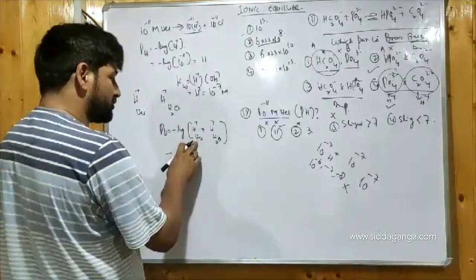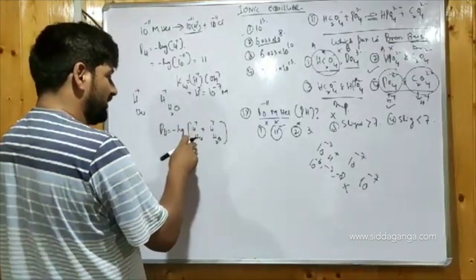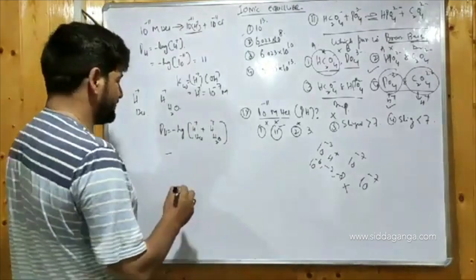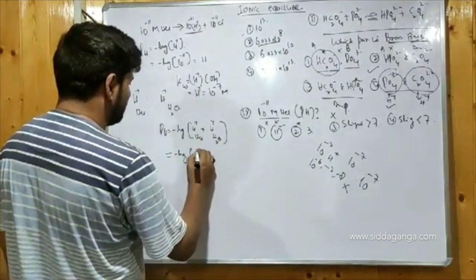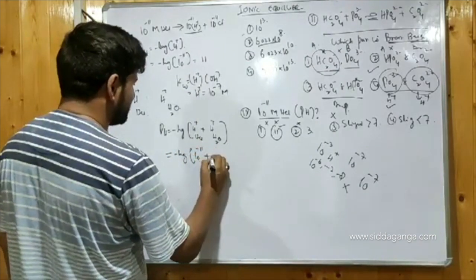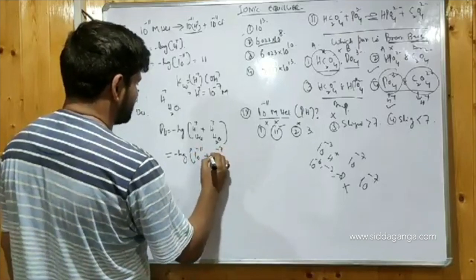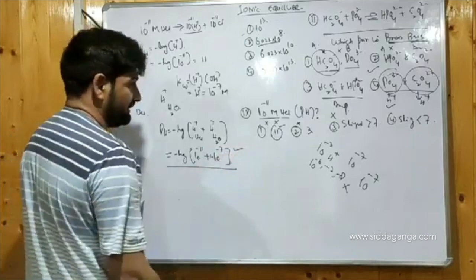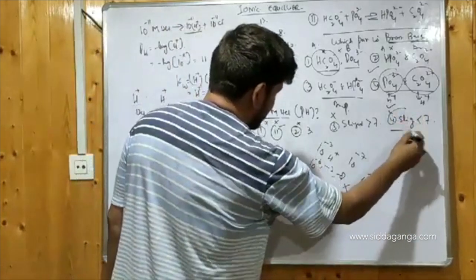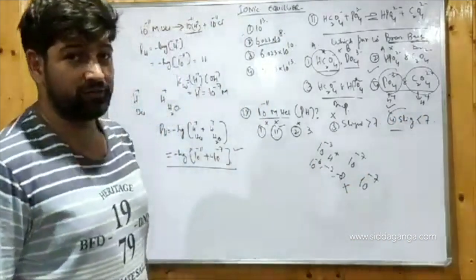If HCl is a strong acid which is not diluted, then you can neglect water very easily. So it will be negative log of 10 to the power minus 11 plus 1 into 10 to the power minus 7. On solving this equation, you will definitely get slightly less than 7. So the correct option will be the fourth option.